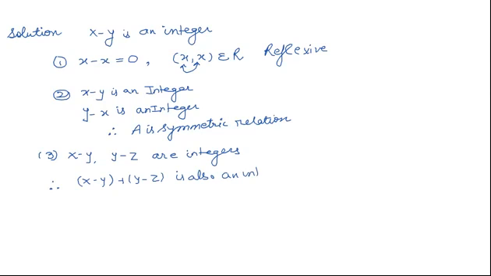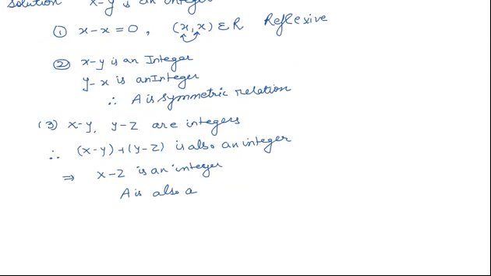From this we can say that A is also transitive. Now, as A is reflexive, symmetric and transitive, therefore A is an equivalence relation.